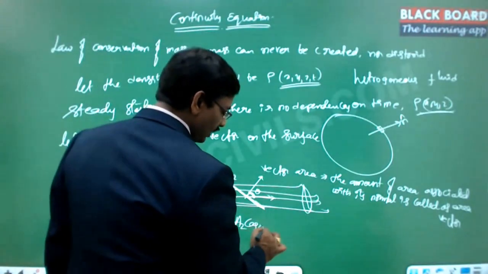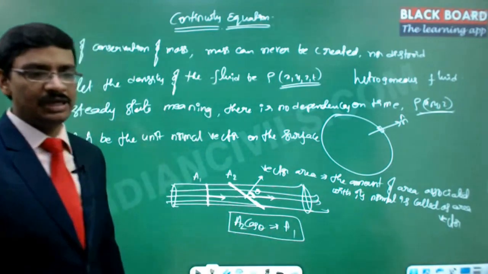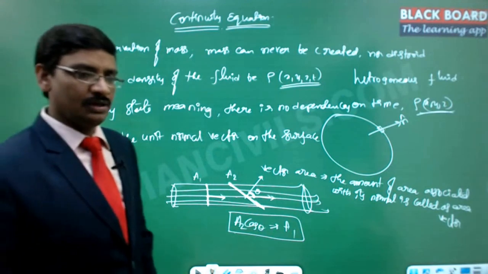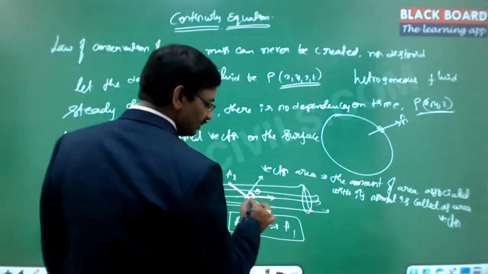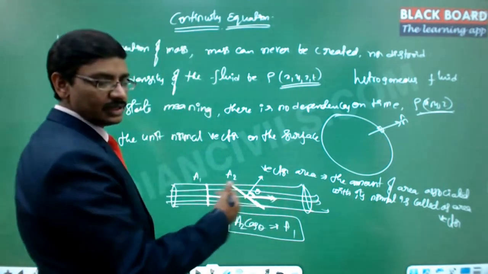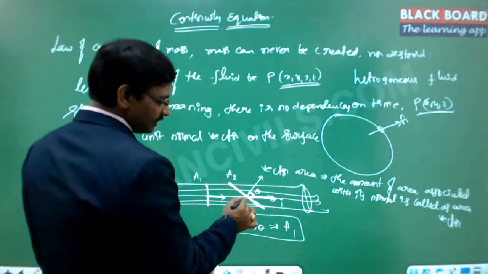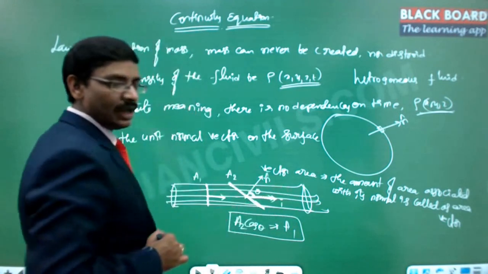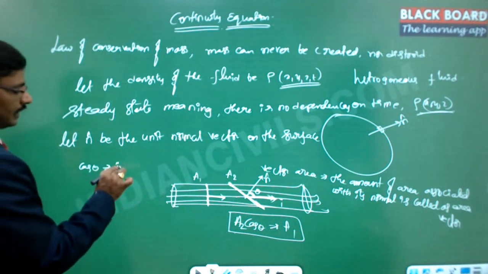So A2 cos theta will be equal to A1, right? That means suppose I take a unit vector in the flow direction, let us say this is i, and let us call this unit vector n cap. Then cos theta can be expressed as i dot n cap.